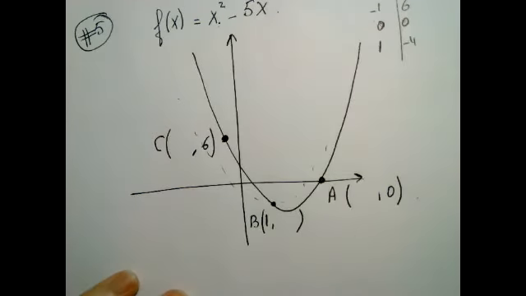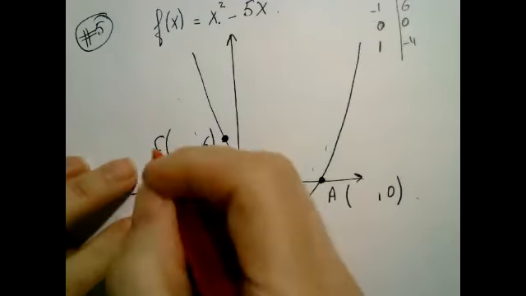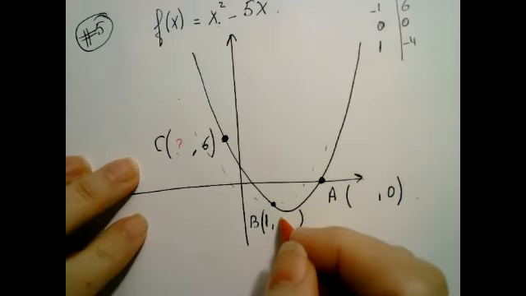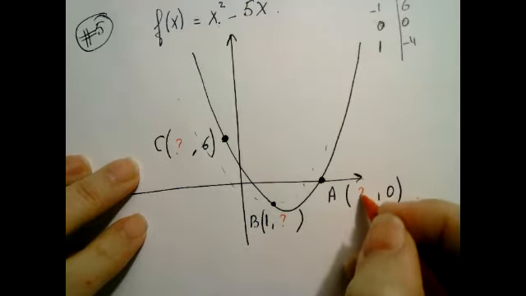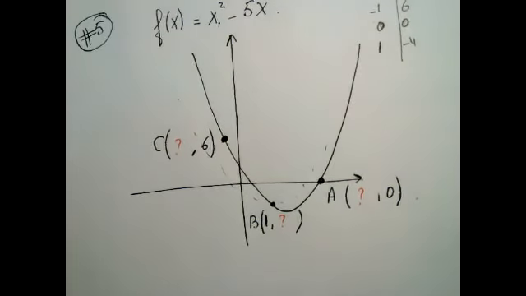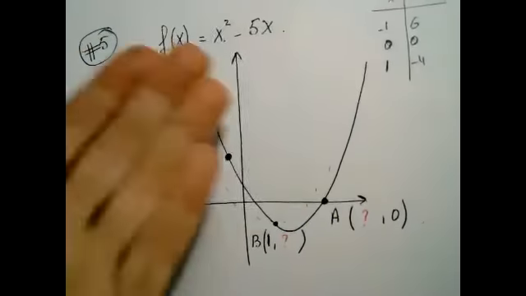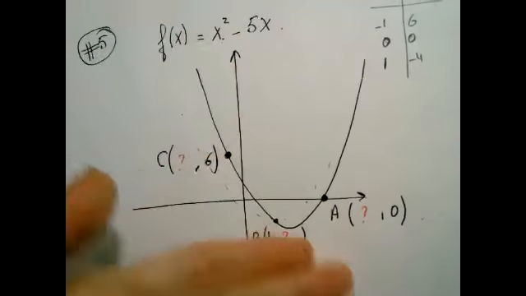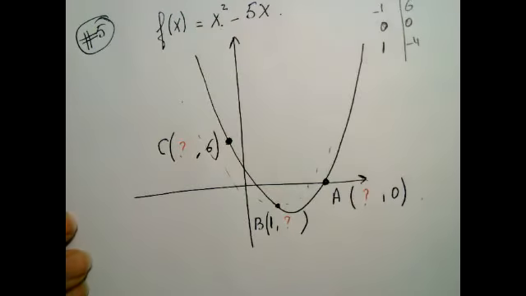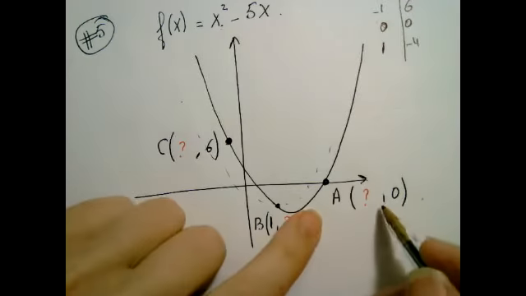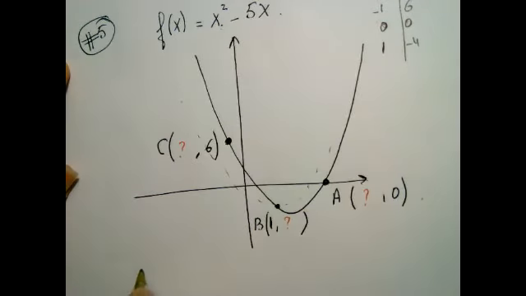And my question is, find the missing coordinate for A, B, and C on the graph. So I want this, I want that, and I want this one. Okay, so that's really the question. Basically it's trying to understand what the graph tells me. Okay, so we go one by one. Let's start with A.